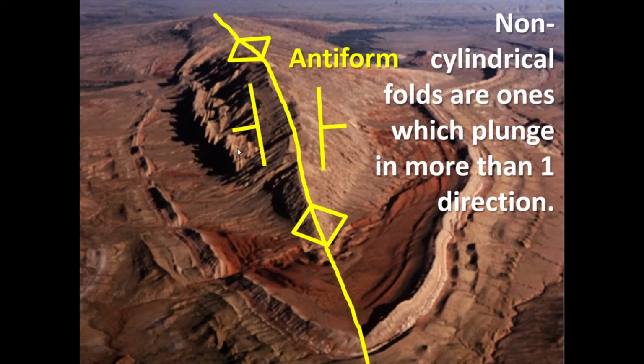You can even see the shadow on some of the bedding planes. It looks like we're dealing with an antiform because we have these two limbs which are dipping away from each other. I can eyeball a hinge line where that point of inflection of one limb changes into the other. So I can label it as an antiform.